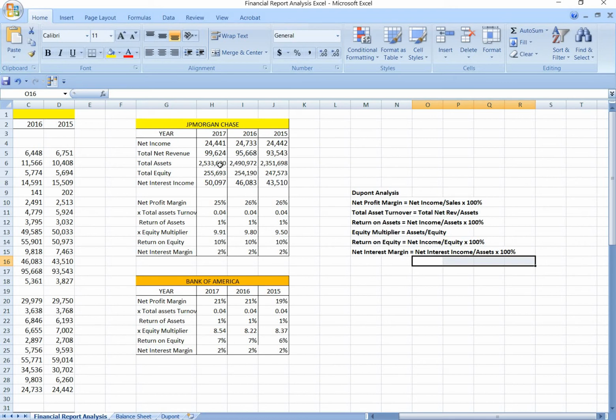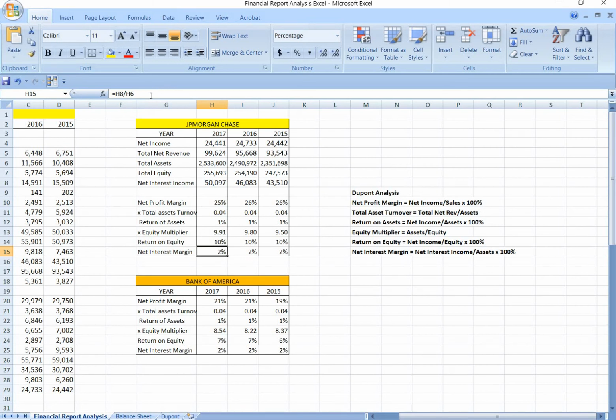Remember, all this data is banking data. The company is a bank, so I have to calculate this also. I don't see any change here: 2%, 2%, 2%.